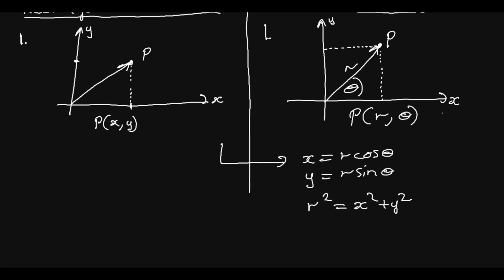Okay? You can say obviously that the x there is coming from the fact that cos theta is equal to x over r. So if we make x subject of the equation, therefore we see what you get. Also the y is coming from sine theta is equal to opposite over hypotenuse. Opposite is y.